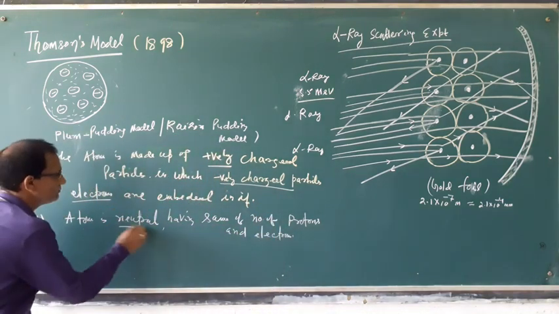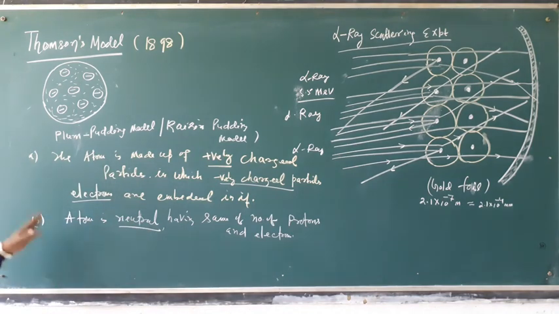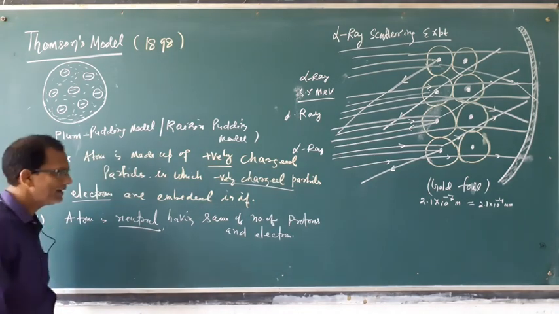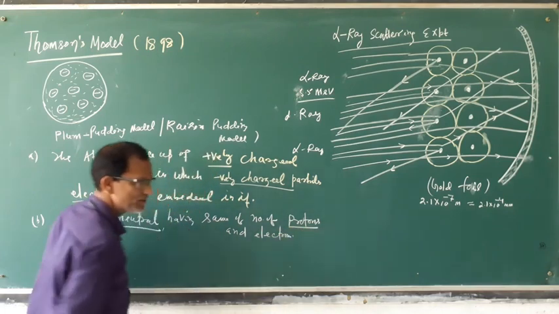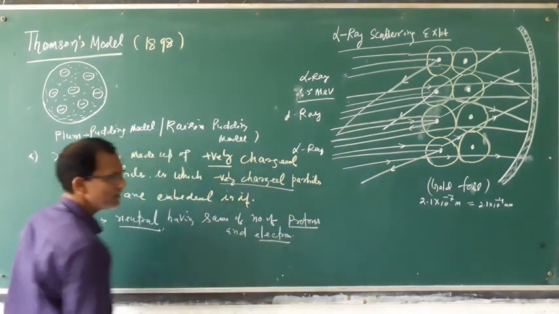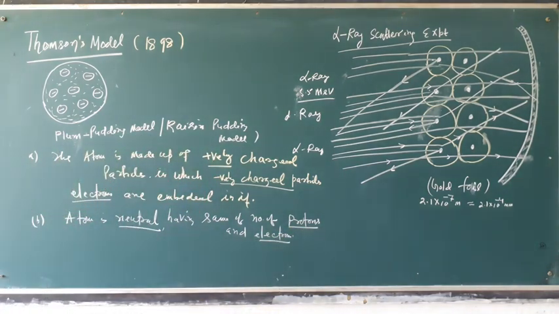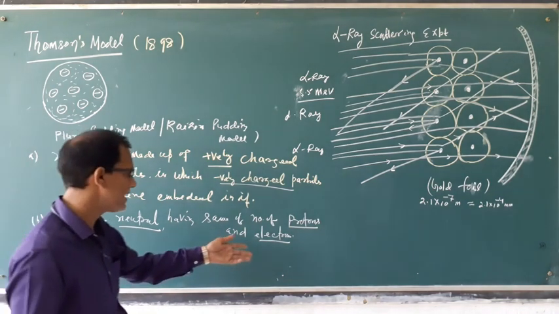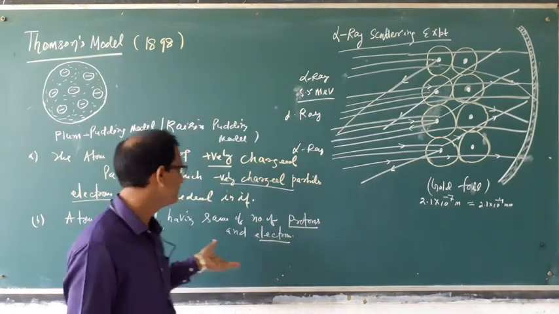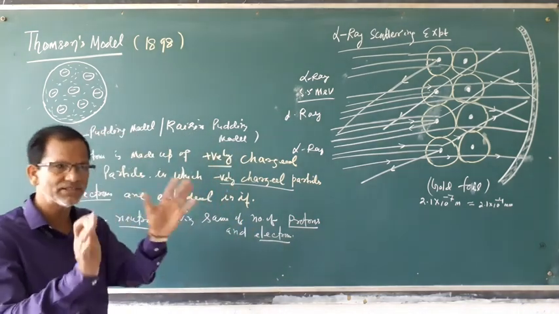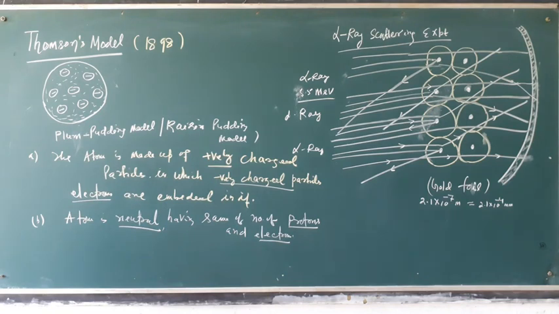He proved that the atom is neutral because the same number of positive charges and negative charges are present. Proton is a positive charge and electron is a negative charge, that's why their number is the same inside the atom. That's why the atom is neutral.